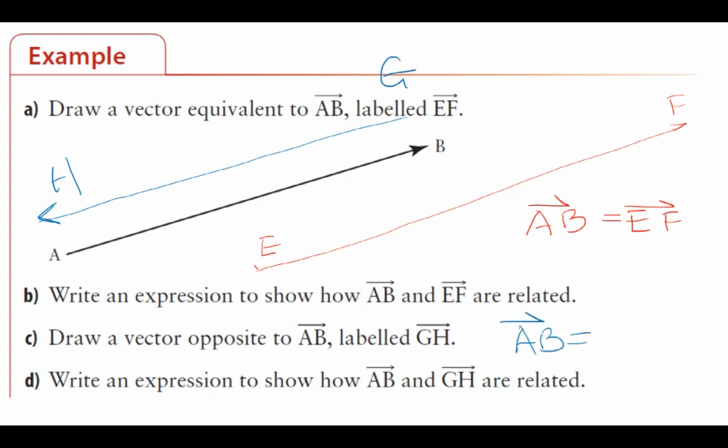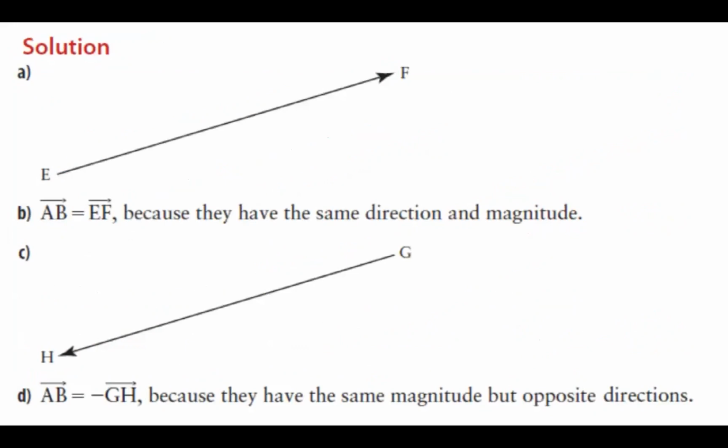Vector AB equals negative vector GH. Understand? Okay, do you have any questions? All right, if you don't have any questions, this is a proper writing of the solution of the previous example. Okay, if you like, you can take a note of this.